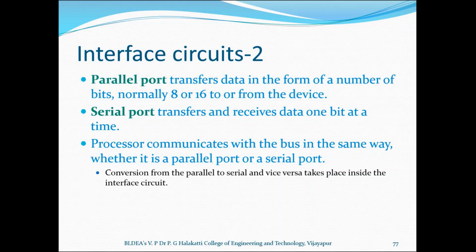The conversion from parallel to serial format or vice versa takes place inside the interface circuit. The serial format is an efficient and cost-effective way of data transfer for long distances. However, it is slower compared to parallel data transfer.